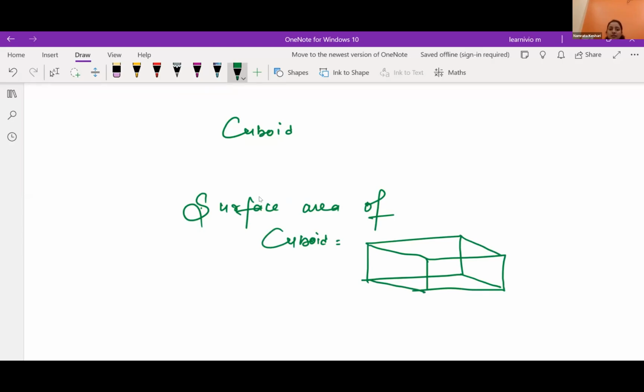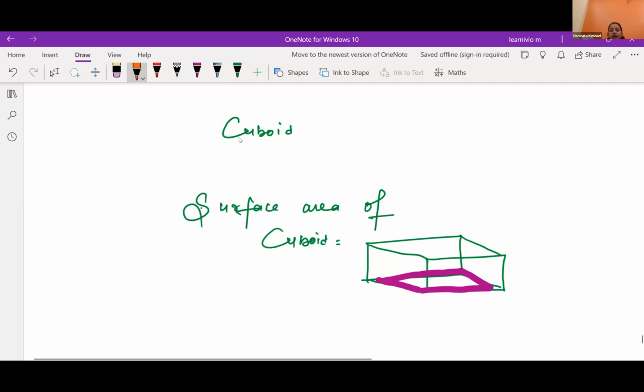You can see here clearly that there is a rectangle at the bottom. Can you see it? Yes.